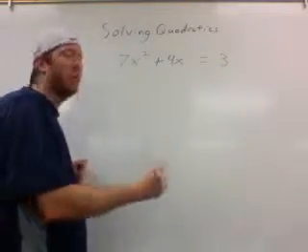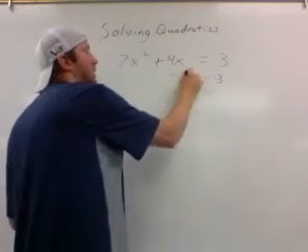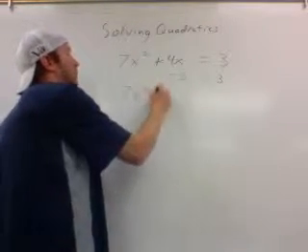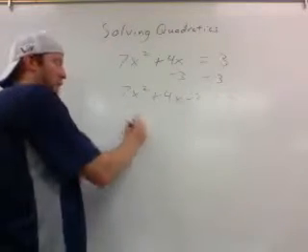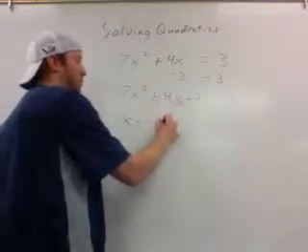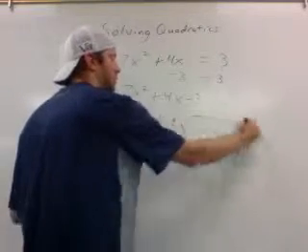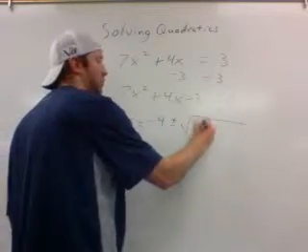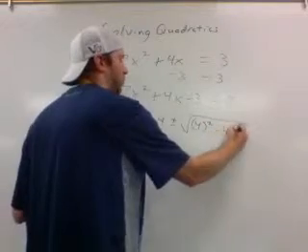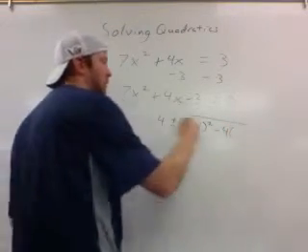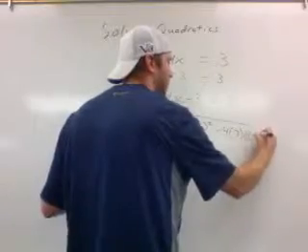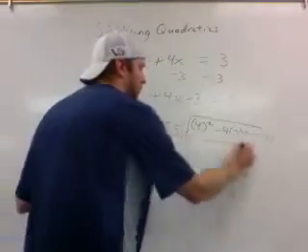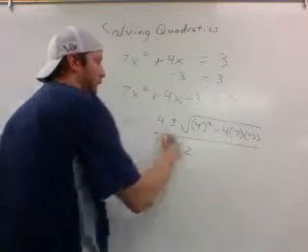All right, so to solve with the quadratic formula, I'm going to subtract 3, get it equal to 0. So then x equals the opposite of b, so negative 4 plus or minus the square root, b squared, minus 4 times a, which is 7, times negative 3, all over 2 times a.